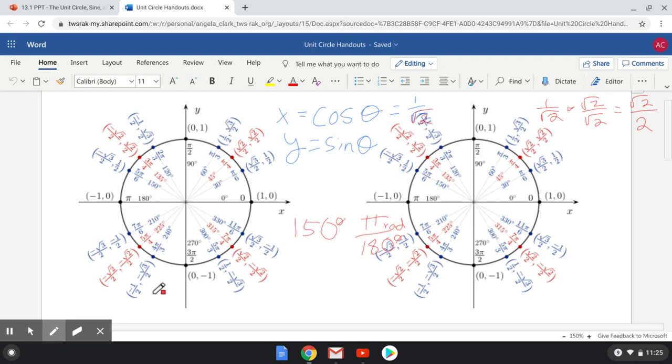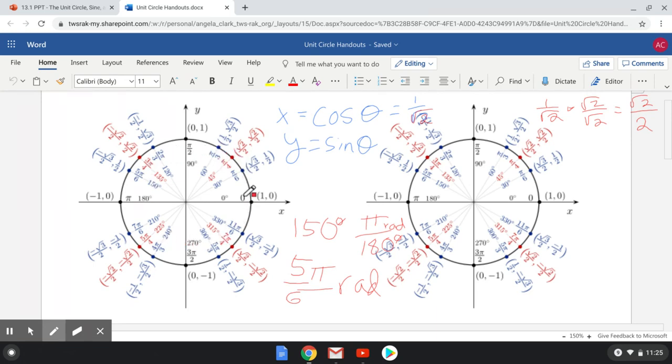Well, that's 5 over 6. So this is 5 pi over 6 radians. So I'm multiplying by pi over 180, and that gives me my radians. So that's what this is here. We have degrees on the inside and radians on the outside.